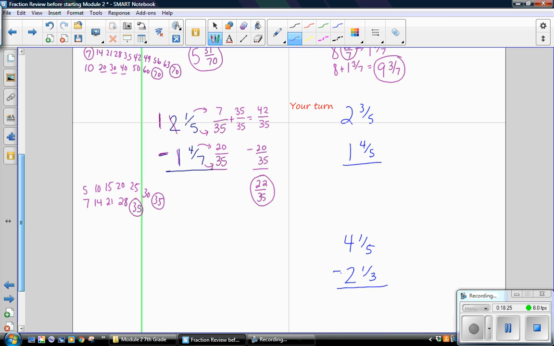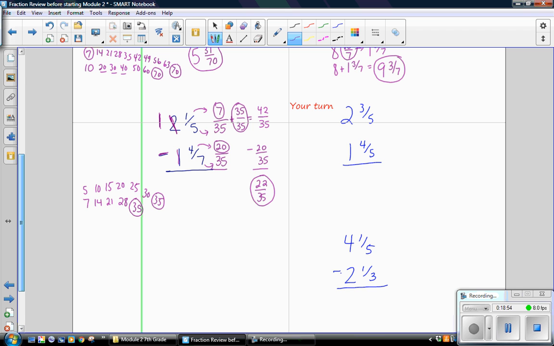So in that problem, we had to rewrite it with a common denominator, and then you can't take 20 pieces away from 7 pieces, so we needed to borrow one. We borrowed from the 2 and rewrote it as a 1. The 1 we borrowed as 35ths. So 7/35 plus 35/35 is 42/35. Then subtract your fractions. That's how you get your answer.